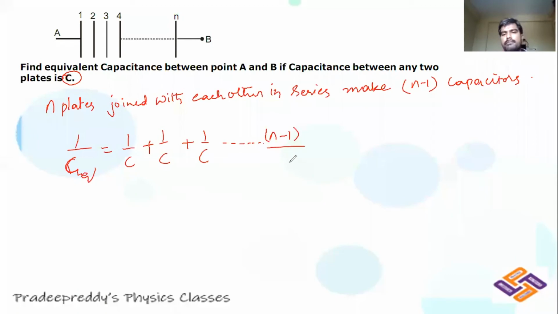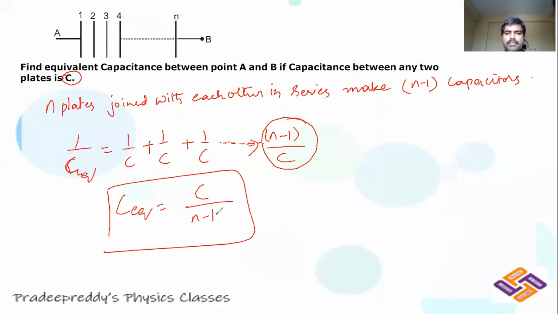So if you add these all, finally it will be n minus 1 by C. So C equivalent will be equal to C divided by n minus 1. This is the equivalent capacitance of all these capacitors connected in series with respect to each other.